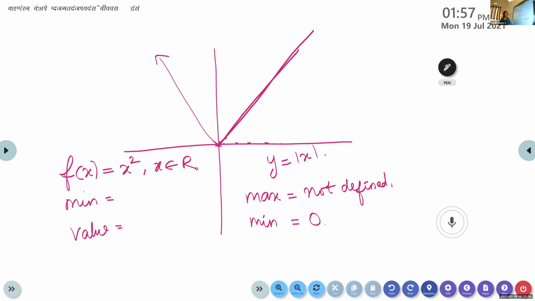Then, what is the minimum value and what is the maximum value? What about the graph of x square?